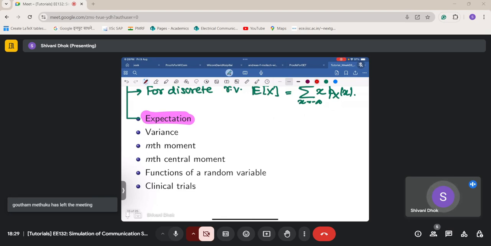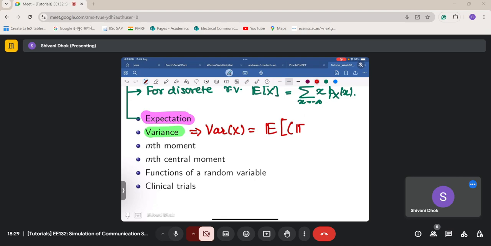Then we have another concept which is known as variance. Let's denote it by variance of X, which is equal to expectation of X minus its mean, whole square. Then in a similar way we have the mth moment. This mth moment is simply expectation of X to the power m.